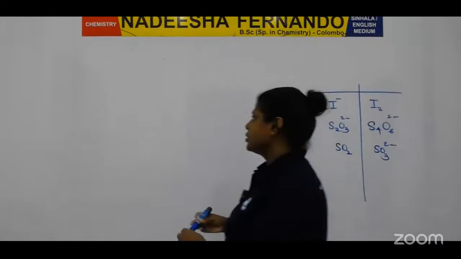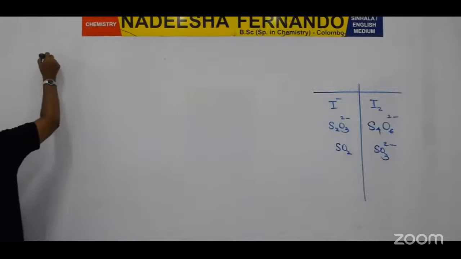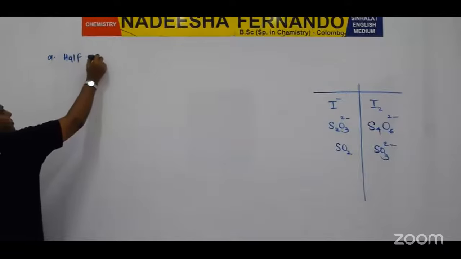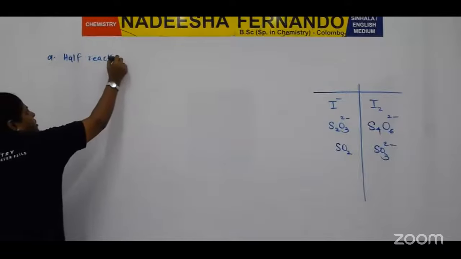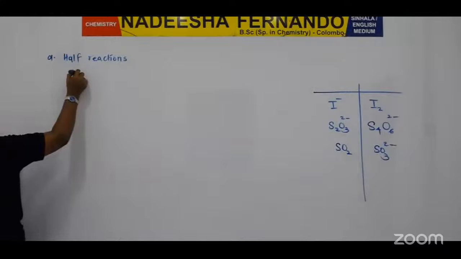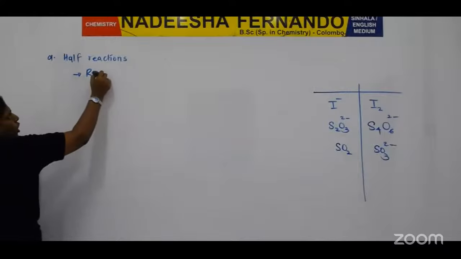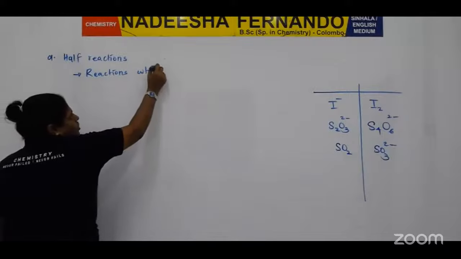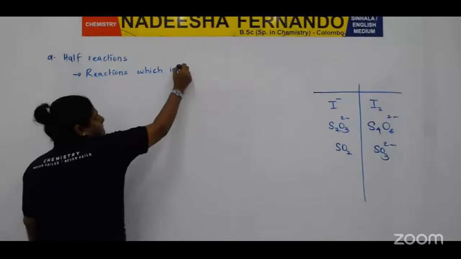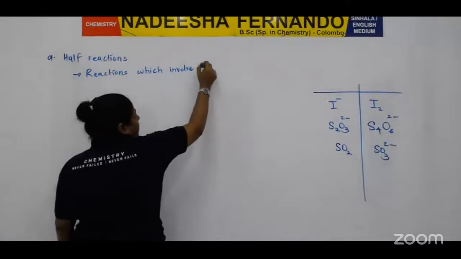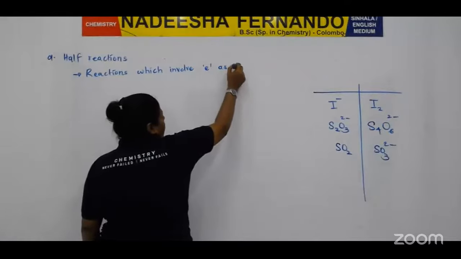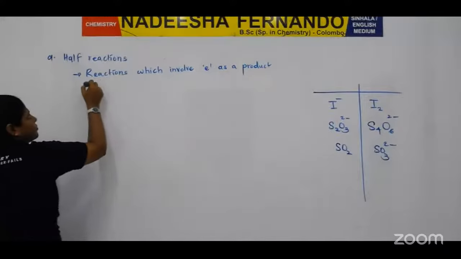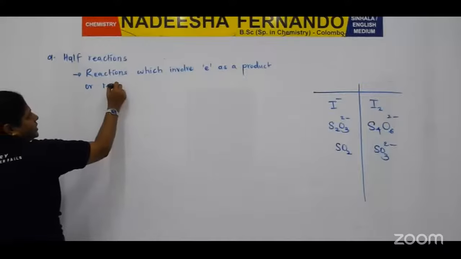Right. Okay. So first, half reactions. Half reactions are reactions which involve electrons as a product or reactant.